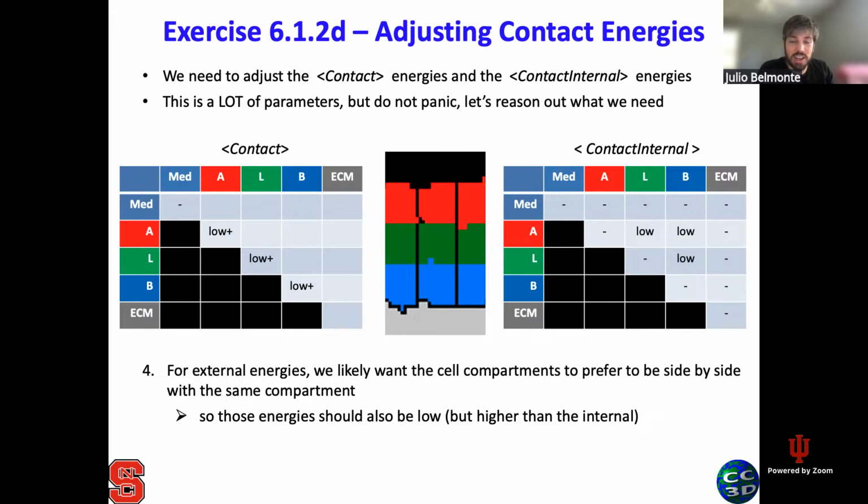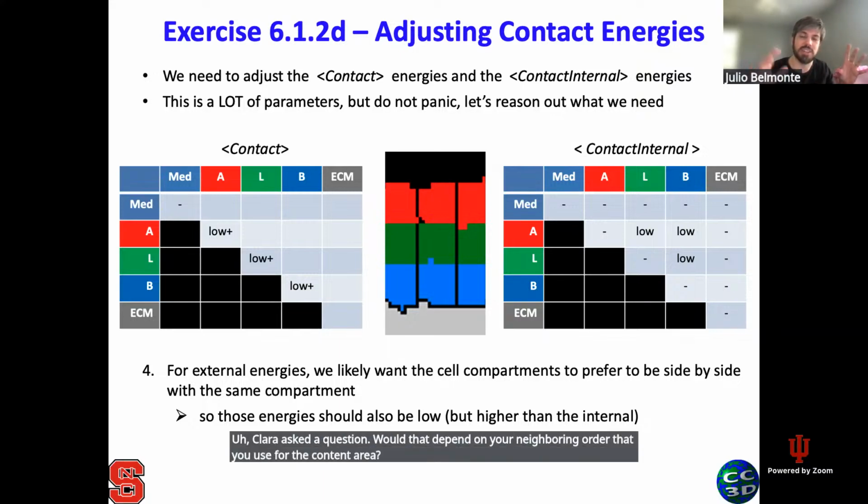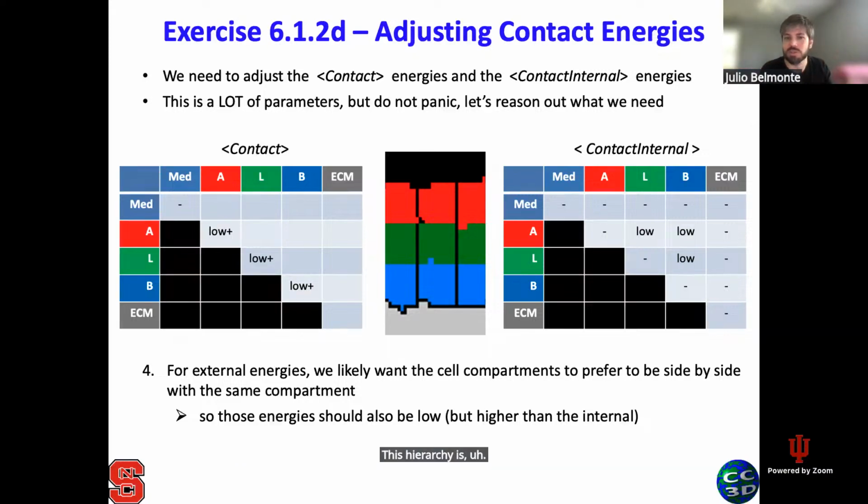Clara asked a question: would that depend on the neighboring order that you use for the contact energy? No, it does not depend. This hierarchy does not depend on the neighbor order that you use. So I would say that's going to be a little high, maybe medium, okay? So it's high, but not that high, because you kind of want to penalize when this goes up here.